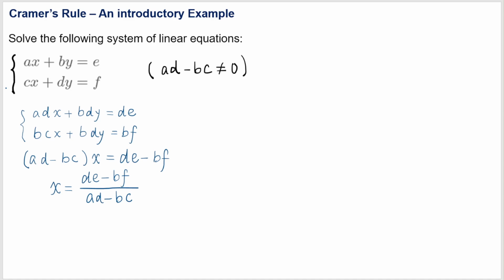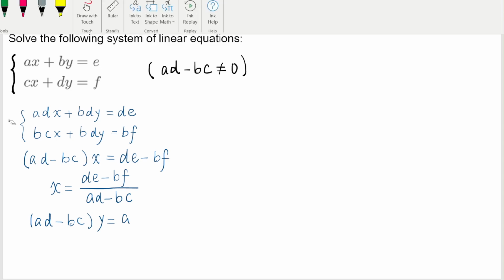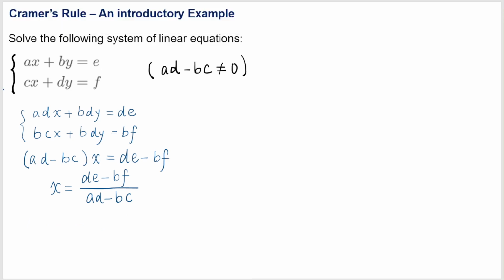Similarly, if you subtract the first equation from the second one, you will have a similar result which eliminates x. First of all, we multiply our first original equation by c, which gives us acx plus bcy equals ce, and multiply the second one by a.